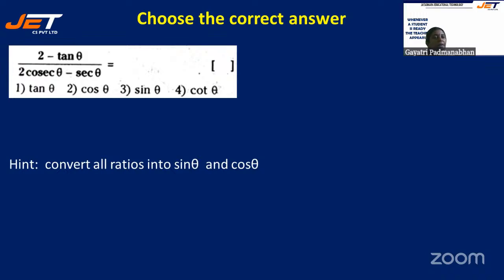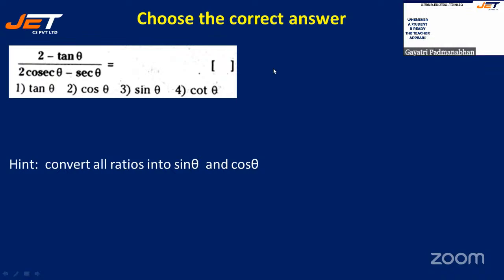Okay. All right. So I'm just giving you a little time to try doing this. Okay. So here they've given the hint, convert all ratios into sine theta and cos theta. Right? So what is tan theta here? It is nothing but sine by cos.